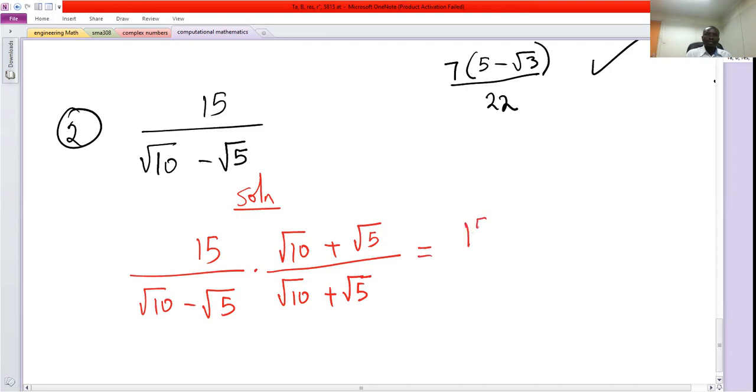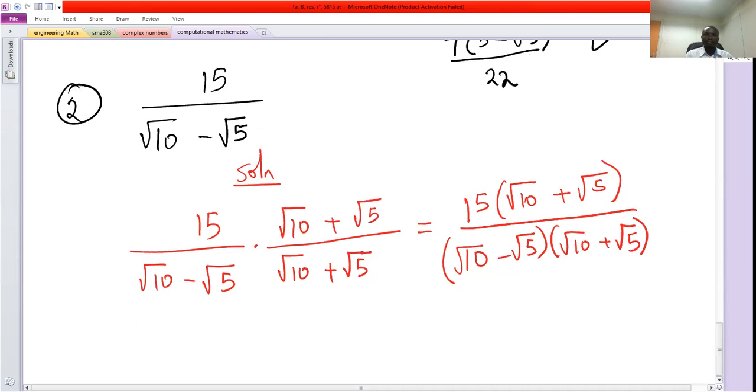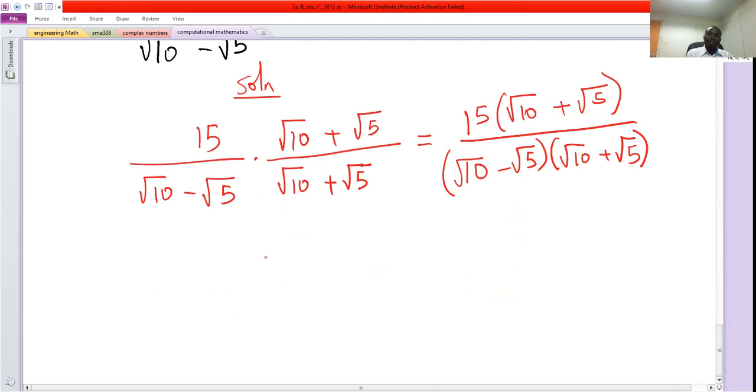Which will give us 15 into root 10 plus root 5 divided by root 10 minus root 5 into root 10 plus root 5. So this by this will give us 15 root 10 plus 15 root 5.